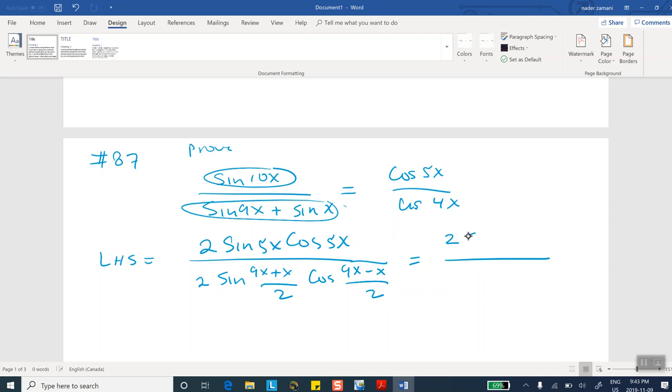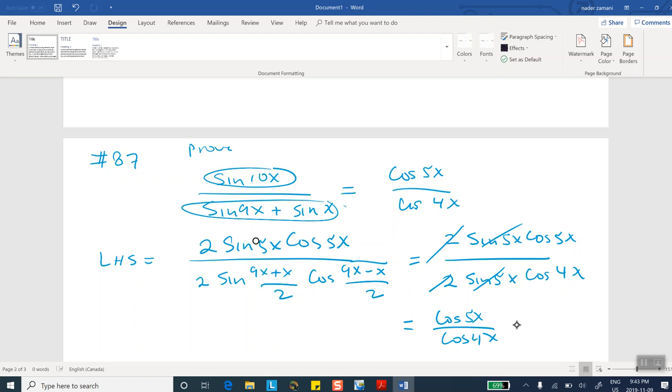On the top, you have 2 sine 5x cosine 5x. In the bottom, you have 2 sine of 5x cosine of 4x. These cancel, and you have cosine of 5x over cosine of 4x. And that's exactly what your right-hand side is. Right there. You see that?